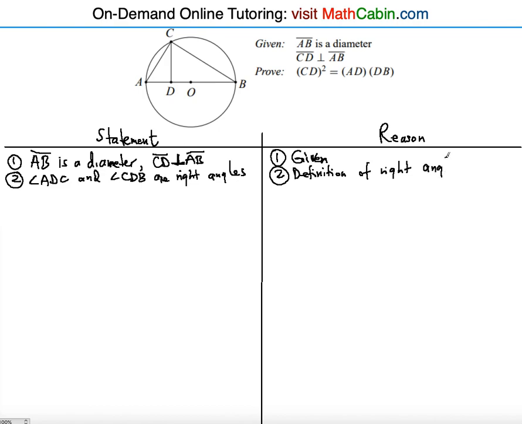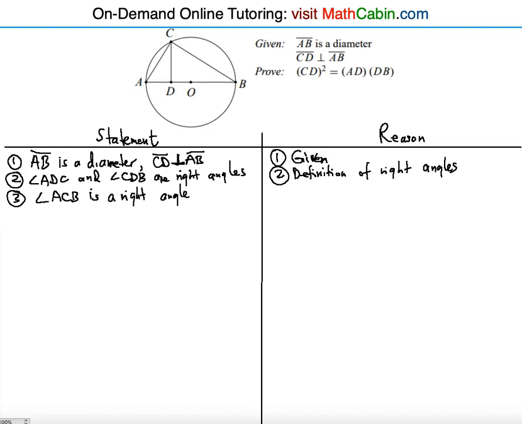Definition of right angles. So now, the next part, you want to notice that ACB is also a right angle. Why is that?